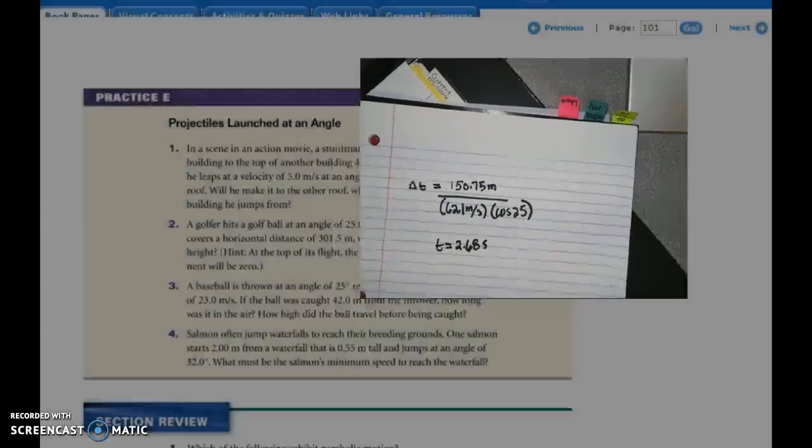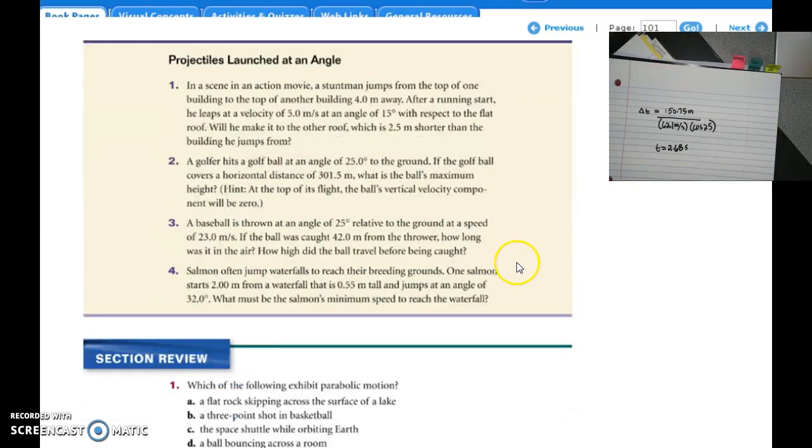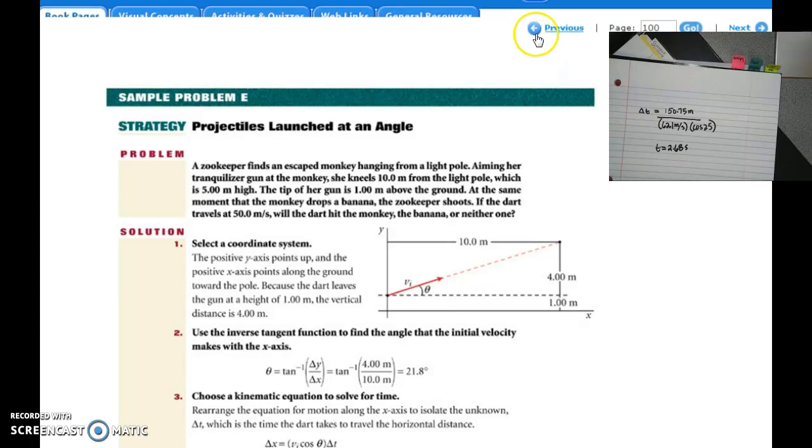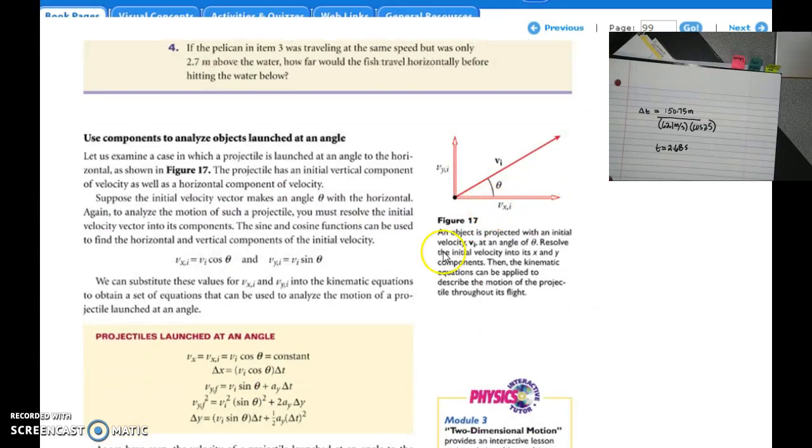Now what I want to do is go back to page 99, and I want to use this equation at the bottom to solve for delta y. And it's a long one. So you're going to substitute the 2.68 seconds in for time here and here.